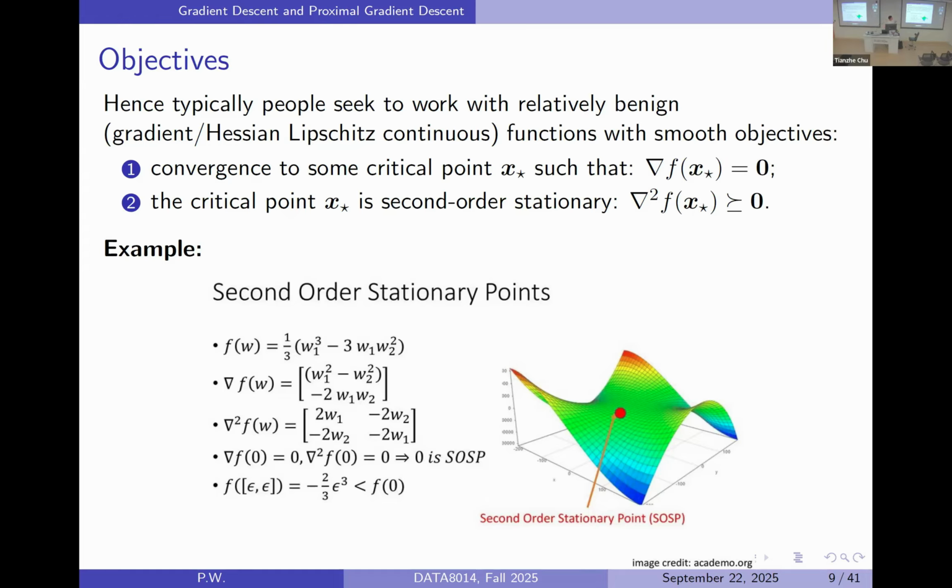And the second one: we say a critical point x star is a second order stationary point if at this point the Hessian is positive semi-definite. I think you guys know what positive semi-definite is, right?